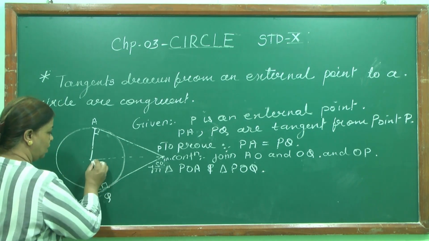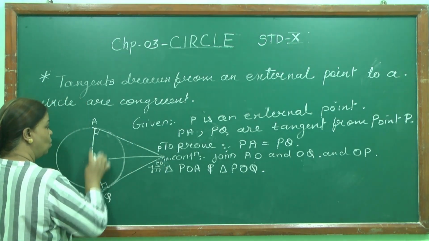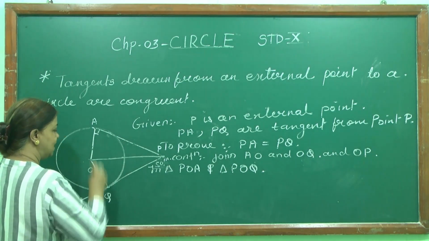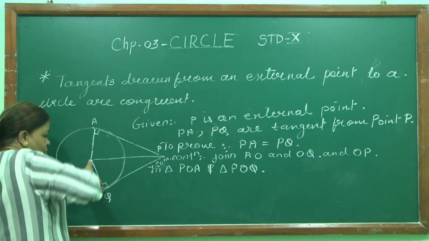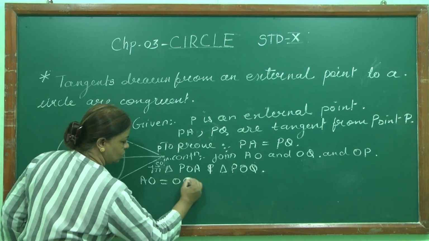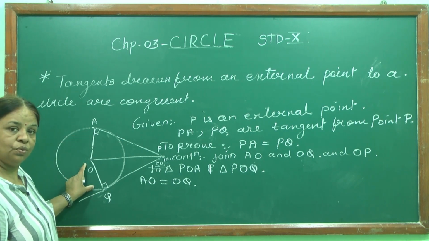See. Now in this triangle, POA and POQ, how can we prove them equal? See, AO is equal to OQ. Now you know, children, why AO is equal to OQ?